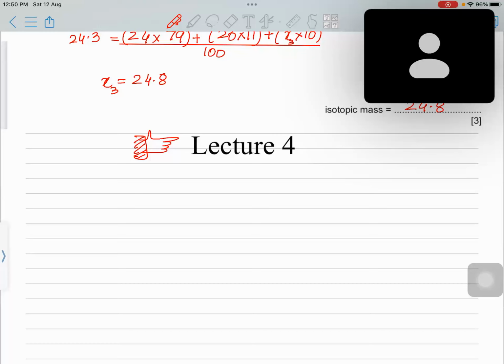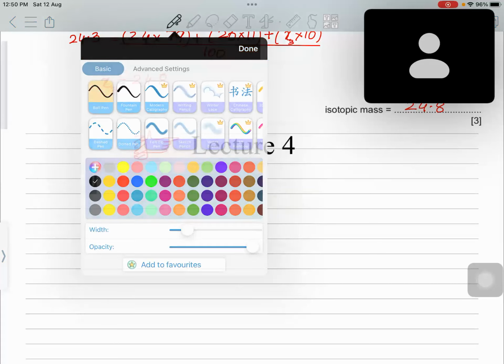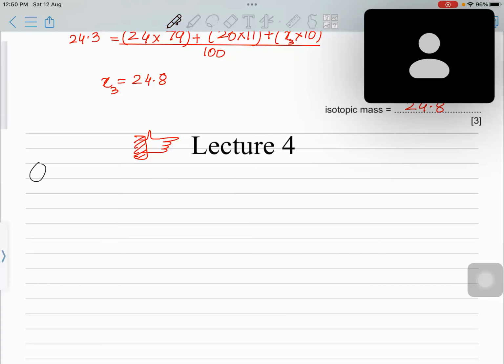Now next question. Find the number of peaks in mass spectrum.